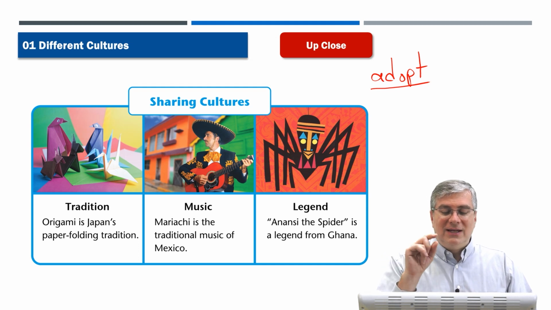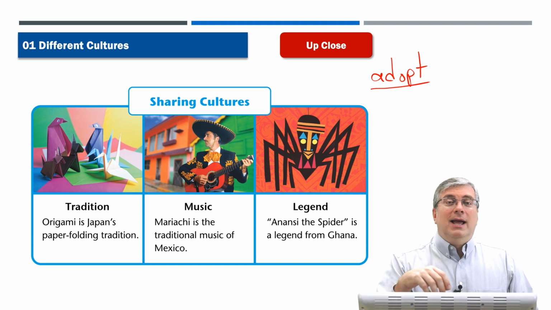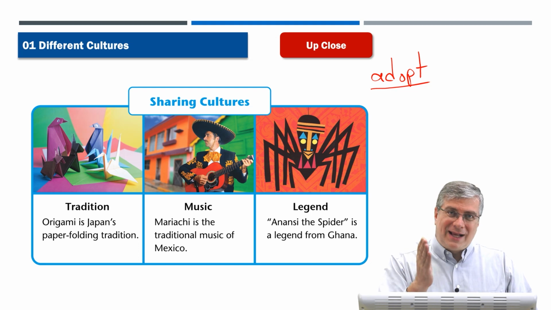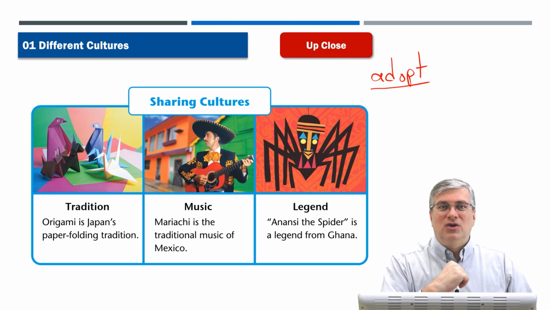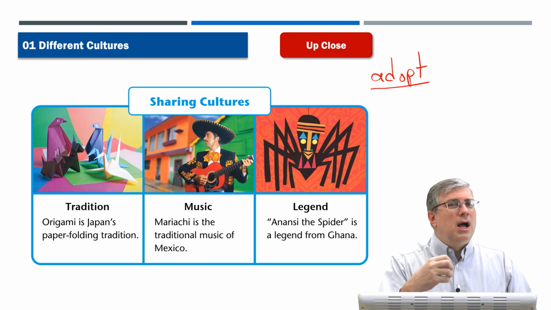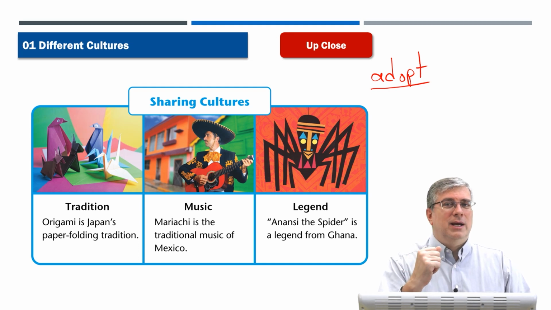Anansi the Spider is a legend from Ghana, and it's a story about a spider. These types of very old stories are passed down from generation to generation, and in many cases they're entertaining, but in many cases they also have a moral, a lesson behind the story that reinforces the beliefs of a certain group of people.